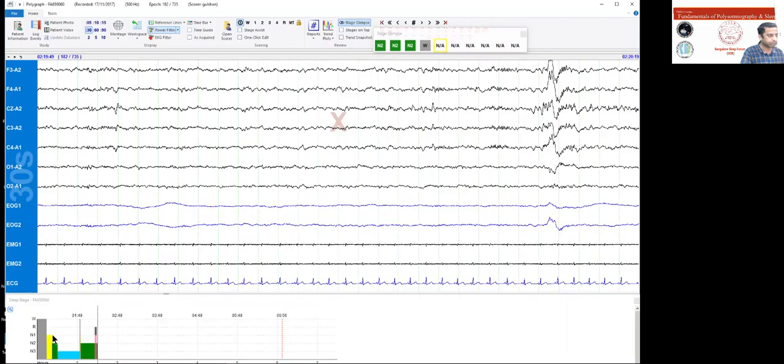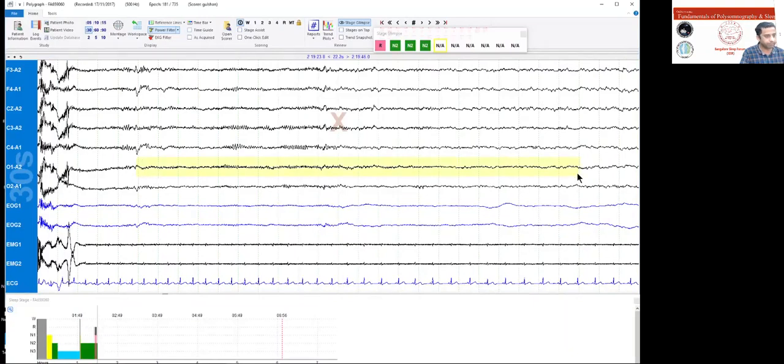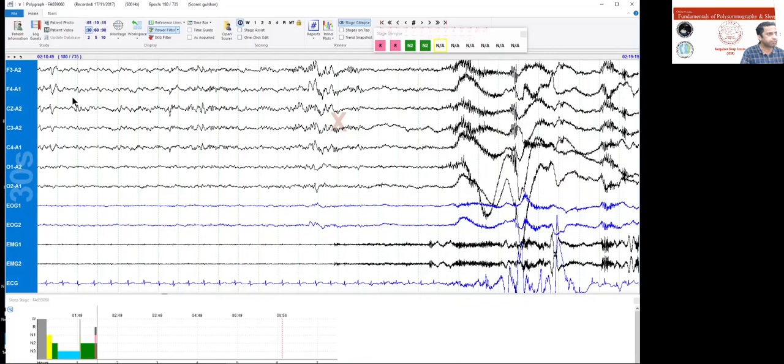Okay, so we'll see the 180. Here body movement is there. So this kind of arousal, just one.